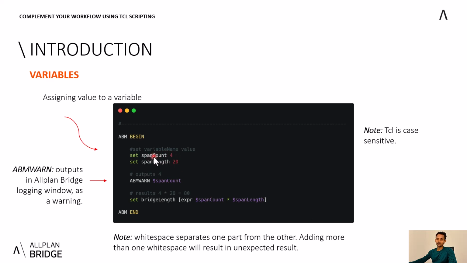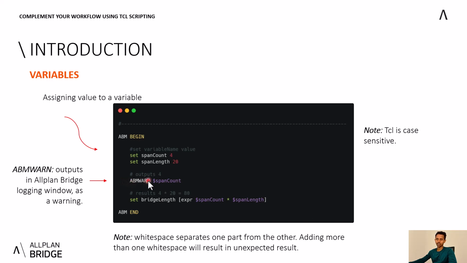If you want to see the value of span count, you can access it using a $ sign in front of it, and it will give you the value. Here we're using a command from Allplan Bridge, ABM warn.